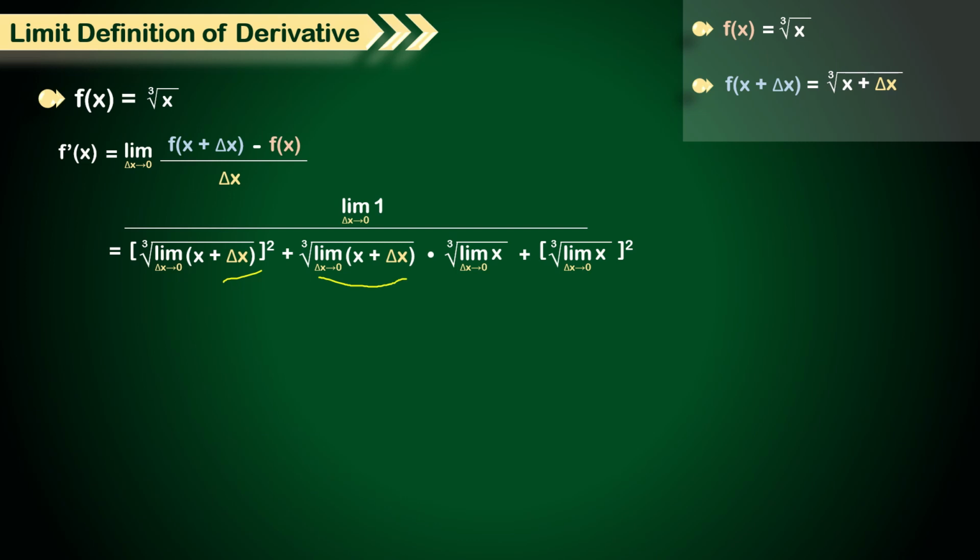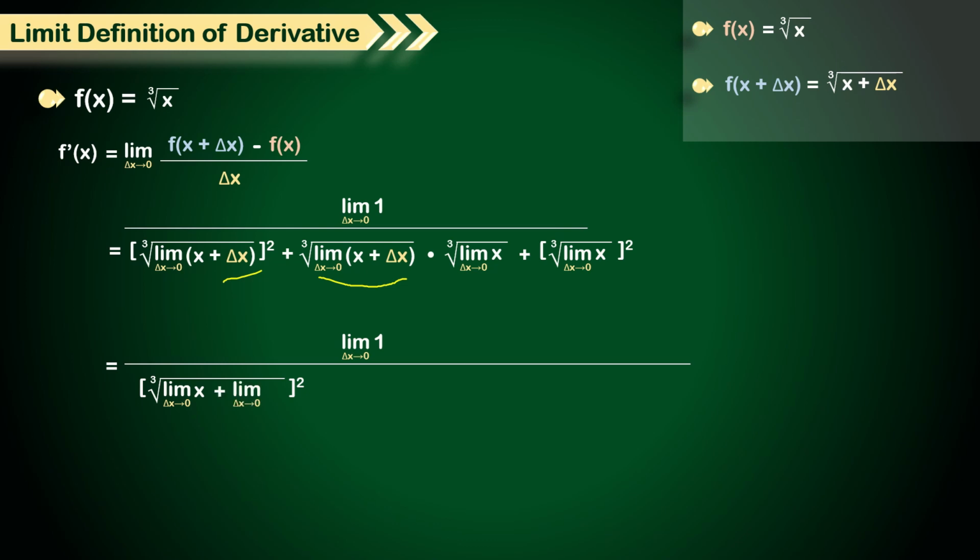Rewrite the numerator over the square of the cube root of the limit of x as delta x approaches 0 plus the limit of delta x as delta x approaches 0, plus the cube root of the limit of x plus the limit of delta x as delta x approaches 0 multiplied to the second factor, plus the third term.